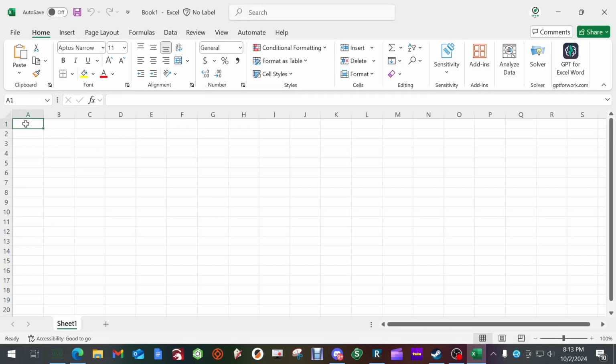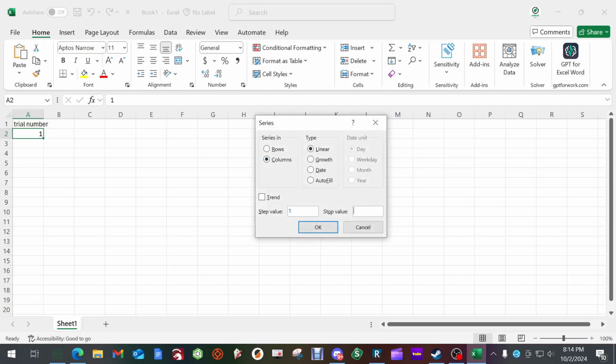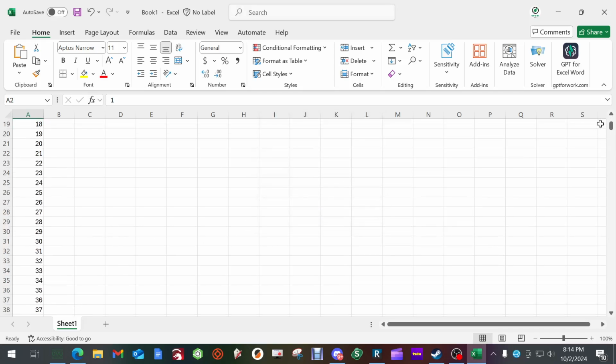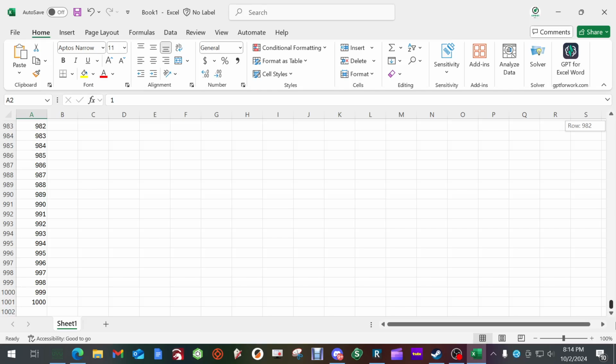But first, let's do a couple tips and tricks. If this was my trial number, starting at 1, and we wanted 1,000 simulations, I just click 1, go under the column called editing, click fill, go down to series, click columns, enter 1000 and hit enter. It'll automatically fill all those down.